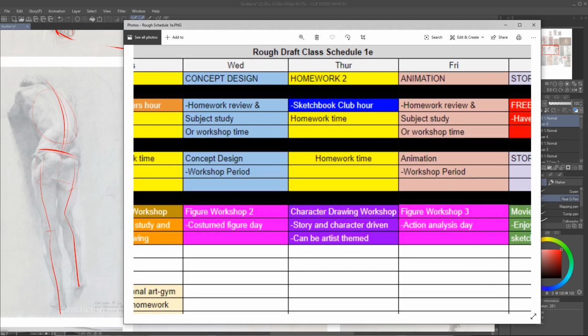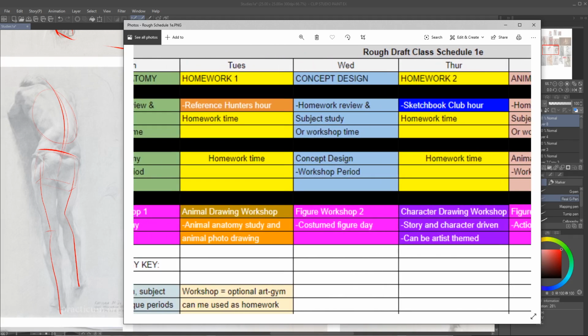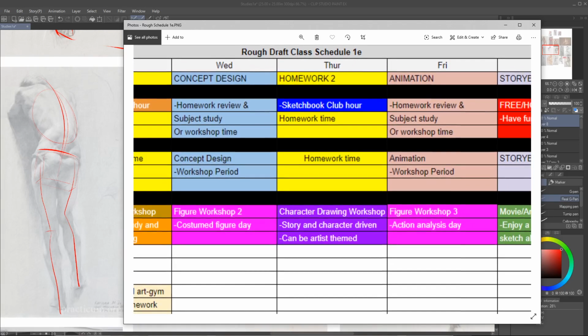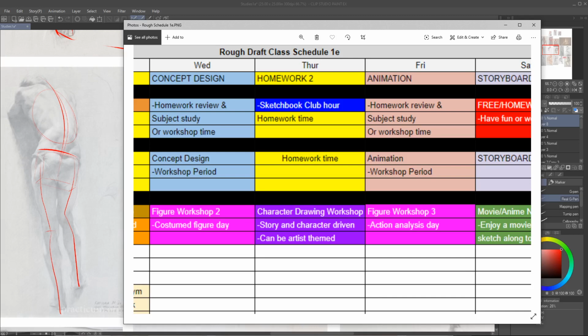Anyway, Sketchbook Club is very similar to the Reference Hunters Club. We touch base about maintaining and utilizing sketchbooks and searching for inspiration of things to try in a sketchbook. Sketchbooks are very useful tools for artists.